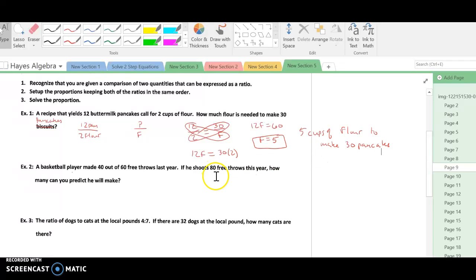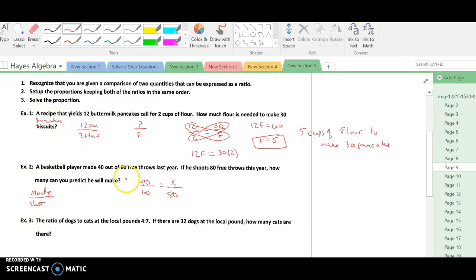Okay, so now example 2. A basketball player made 40 out of 60 free throws. So they told us the total he made to the total shots. So if he shoots 80 free throws this year, how many can you predict he will make? Well, I'm going to take 40 he made out of 60 and set that equal to, I don't know how many he made, out of 80.